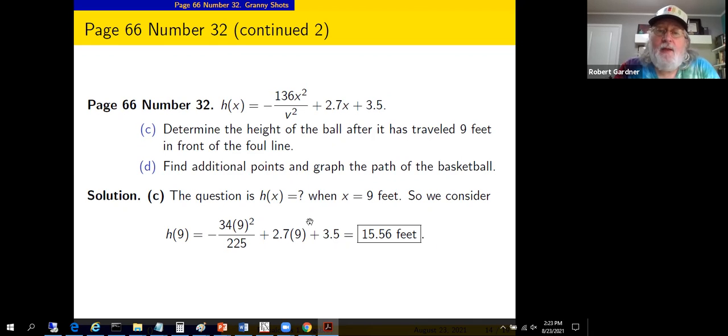Simply plug the 9 in for x, there and there. We saw on the previous slide that the height had simplified down to this quantity, 34 over 225, after the division by 4. Do the arithmetic on this and you get something like 15.56 feet. So it's pretty up in the air, it seems.